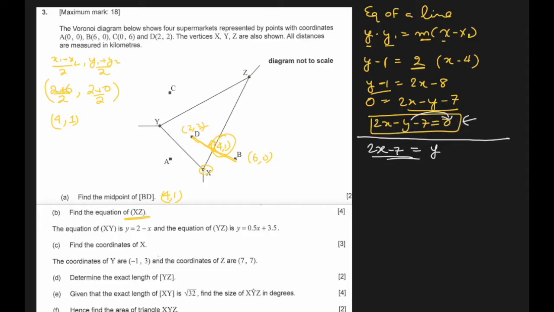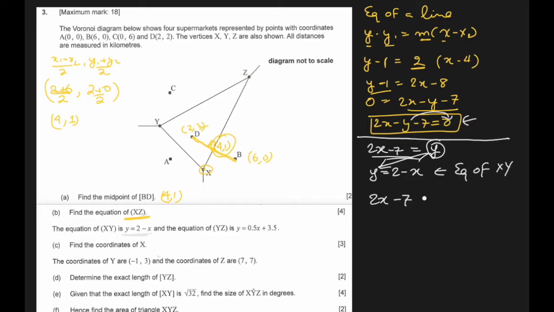Since X is the point of intersection of XY and this, I'll put this value in XY. They have given the equation here, y equal to 2 minus x. This is the equation of XY. So I'll substitute this y into this y because we want to find the point of intersection.